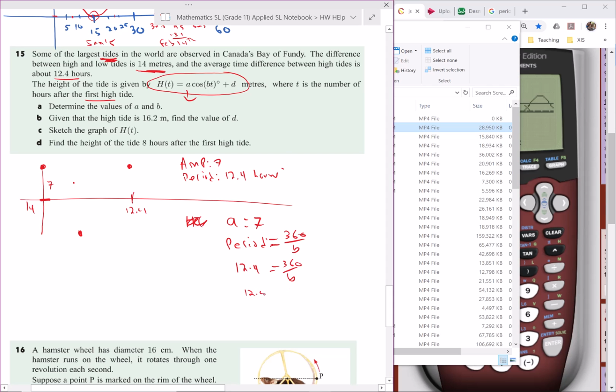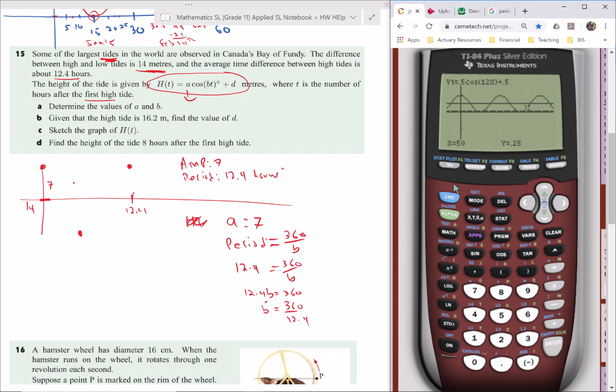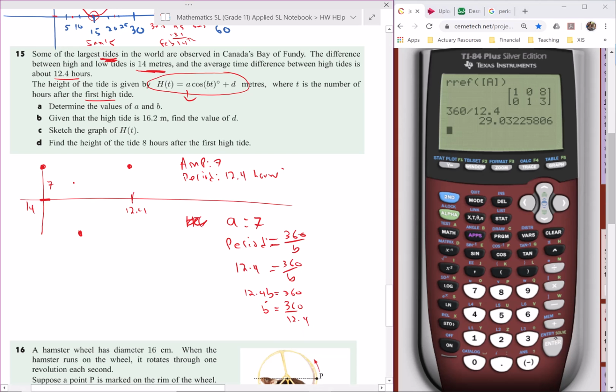So 12.4 B equals 360, so B equals 360 over 12.4. We can check that on the calculator: 360 divided by 12.4 is 29.03. So B is 29.03.